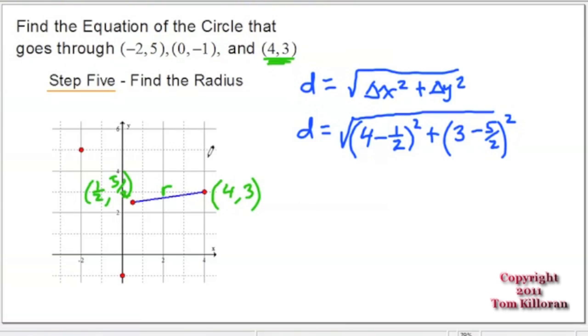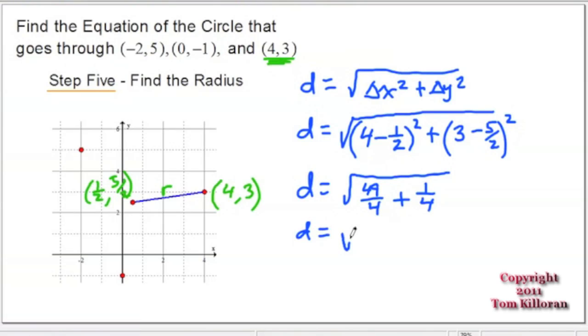So let's see here. This would be d equals the square root of 49 fourths plus, and then 3 minus 5 halves, square it, and that's a fourth. And 49 fourths plus 1 fourth is better known as 50 fourths.